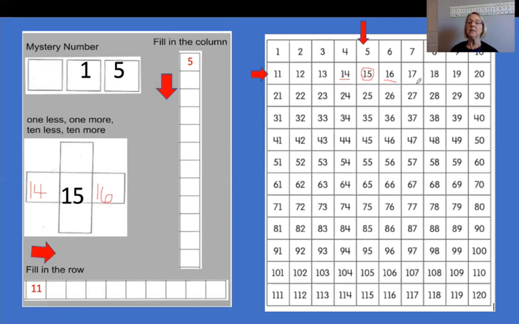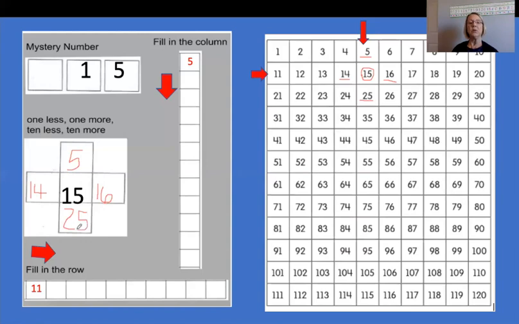Now I can do 10 less, which is 5. You can count back to get to 5 from 15, and 10 more is 25.